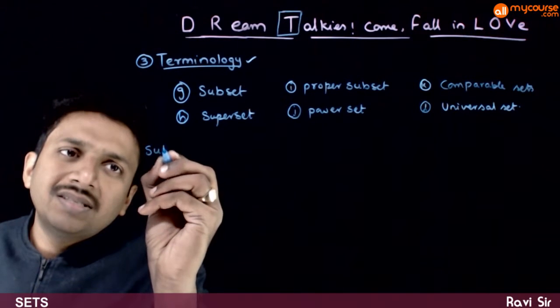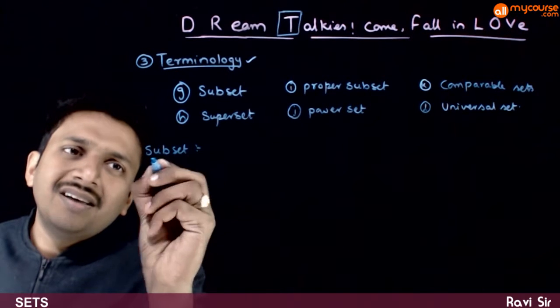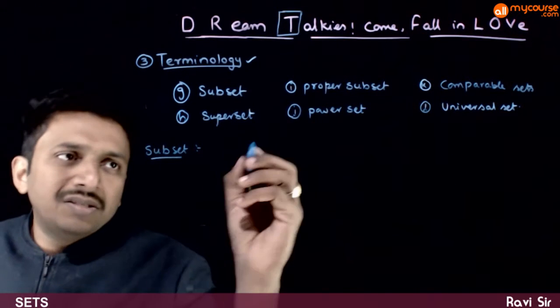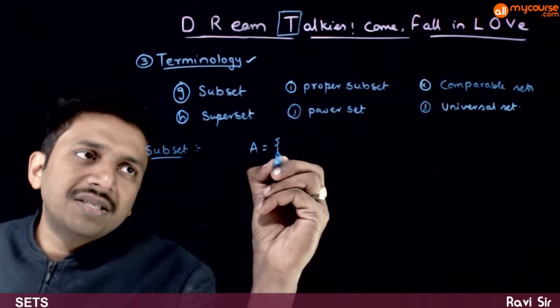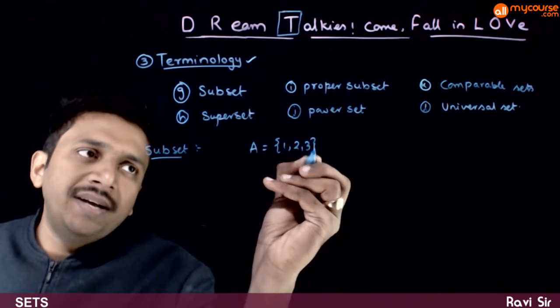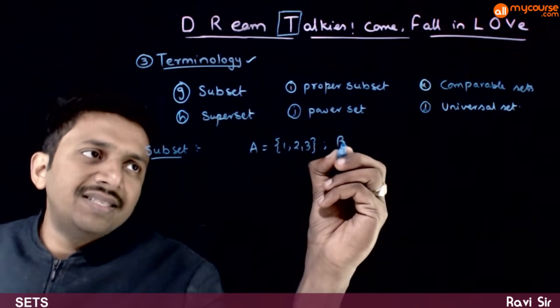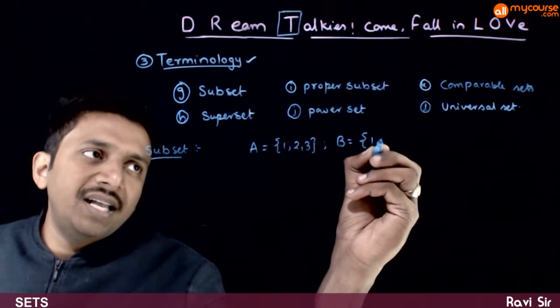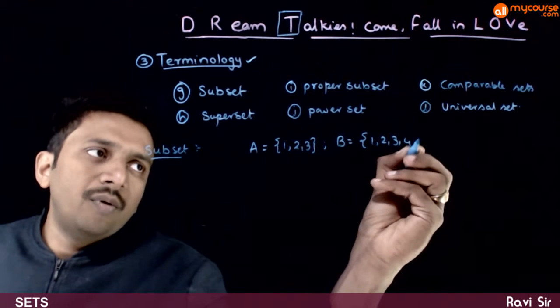First, subset. Let us see an example. If you have a set A, which is a set containing 1, 2 and 3, and let us take a set B, which is a set containing 1, 2, 3, 4, 5.